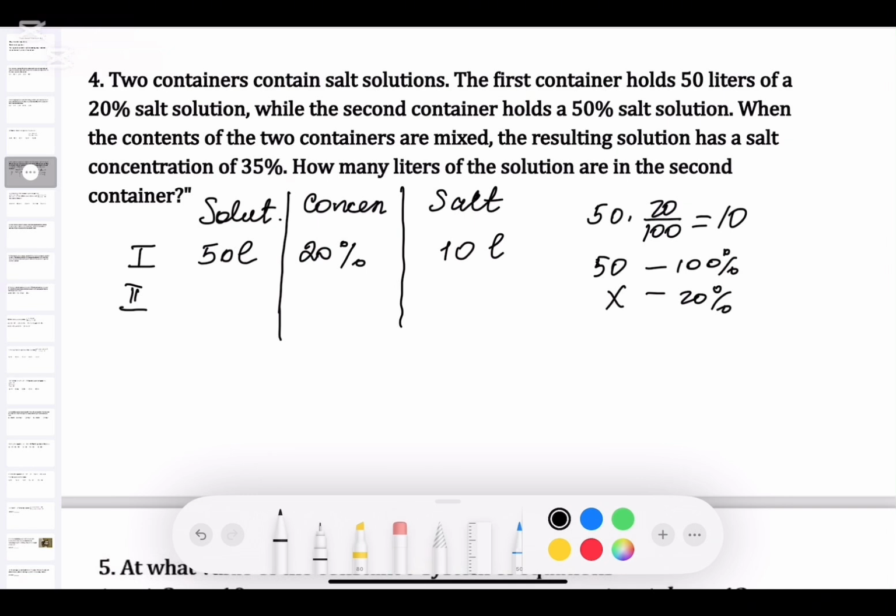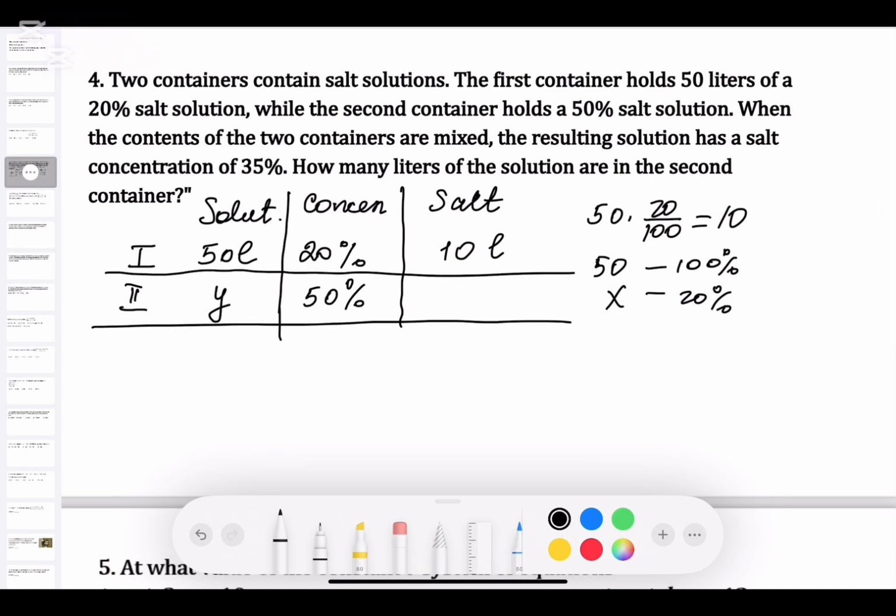Say we have y liters of the second solution, the concentration of which is 50%. And again, given these two columns for the second container, the amount of solution and concentration, it's easy to find the amount of salt in that solution, which is basically 50% of y. In other words, it's going to be 0.5 times y.